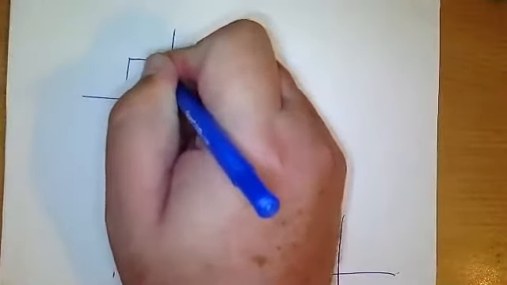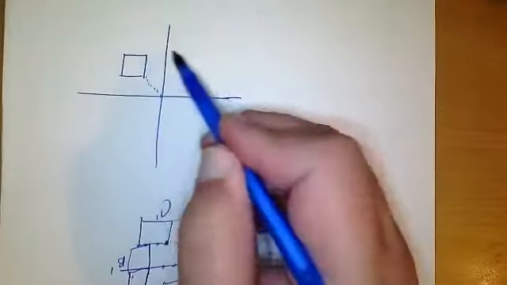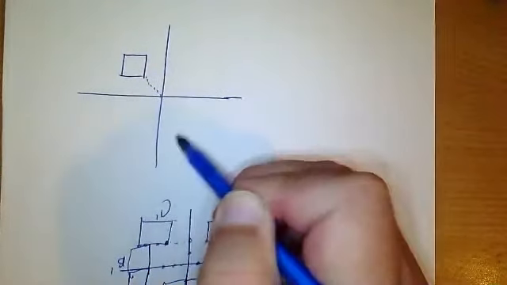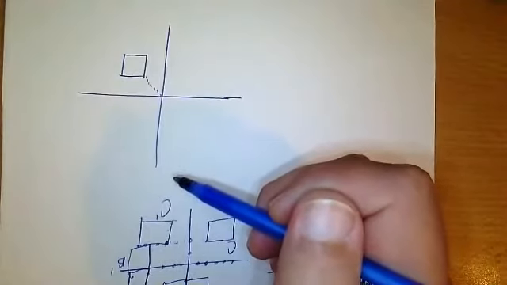Now, a rotation is basically, if you imagine a string that's hanging onto this object and it's spinning around the axis, or the origin, I should say. Most of the time for right now, you're going to be spinning things around the origin.